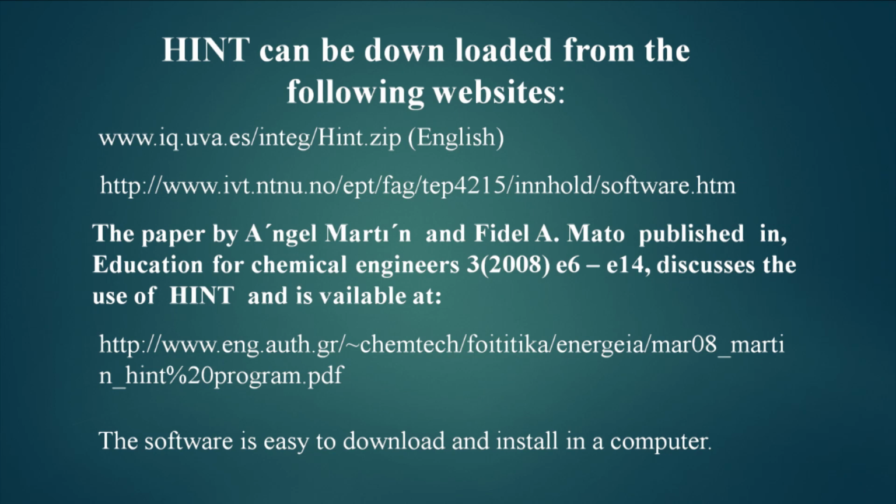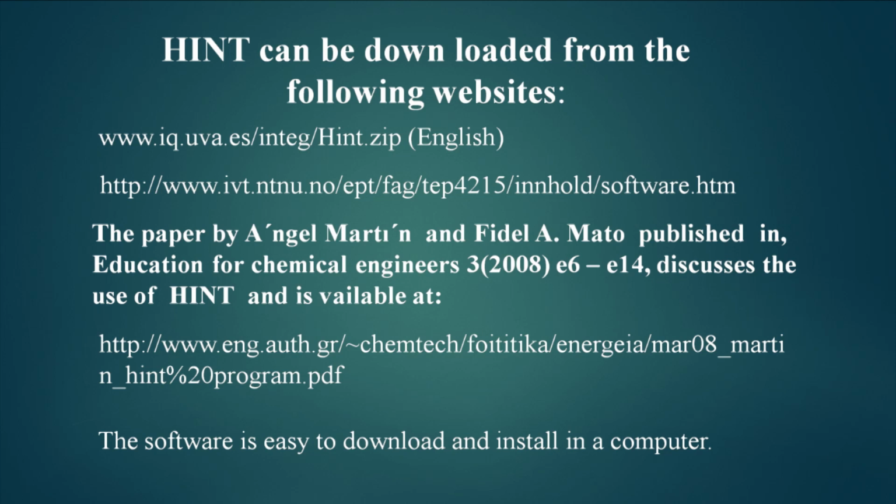This software can be downloaded from the website given in the screen. There is some material which has been published in Education for Chemical Engineers by Angel Martin and Fidel A. Mato, which can be used by the students to learn more about HINT.